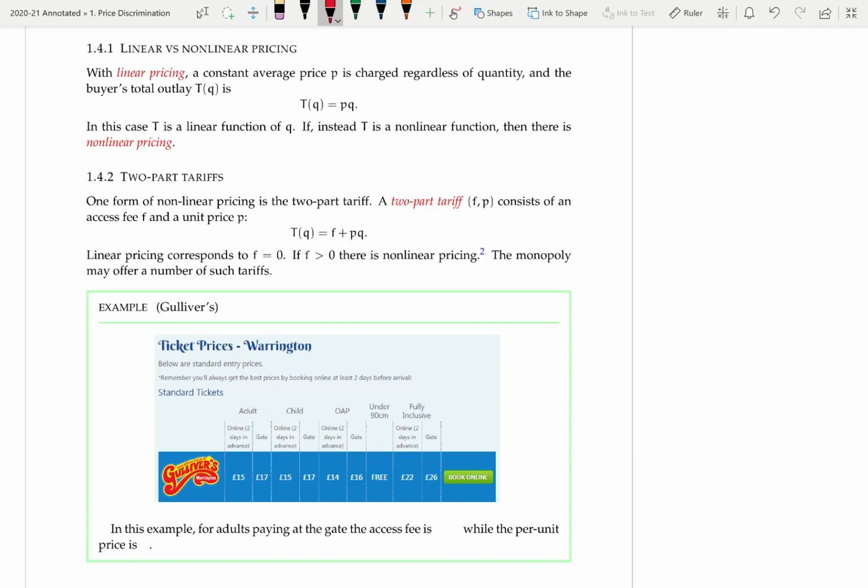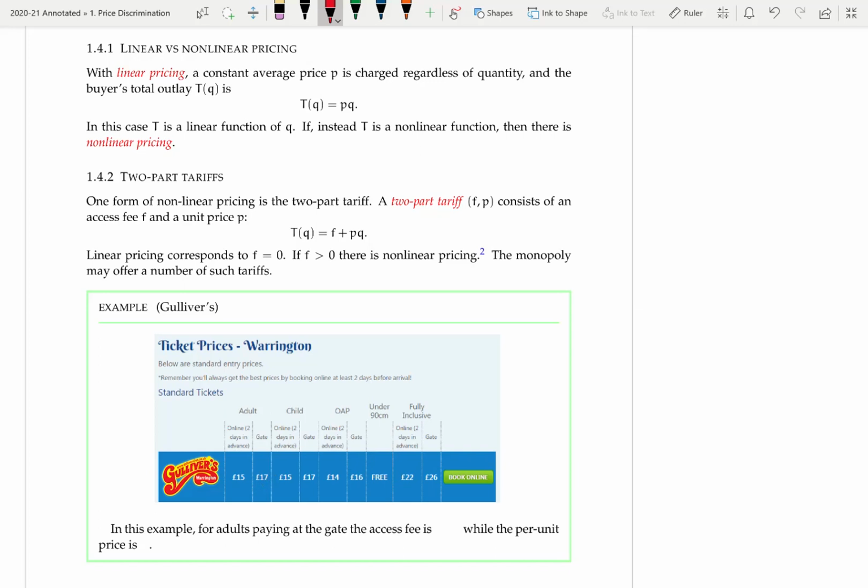So let's look at a simple example. In the image here, we have the ticket prices for Gulliver's in Warrington, and you can see that in this example, the adults pay £17 at the gate. No matter how many rides they go on, they pay £17. So all they pay is an access fee.